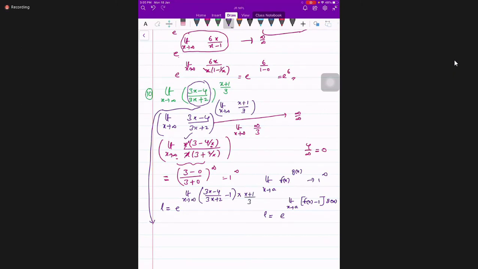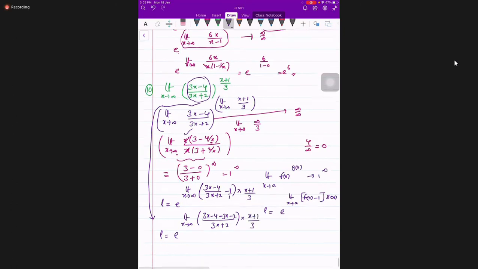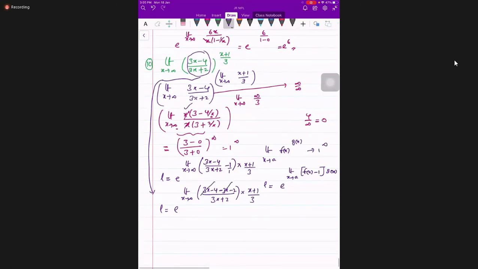Then L equal to e power limit x tends to infinity. Take LCM here. LCM is 3x plus 2. Now 3x minus 4 minus 3x minus 2, I'm just taking LCM here, divided by x plus 1 by 3. Students, all of you following? 3x cancel.